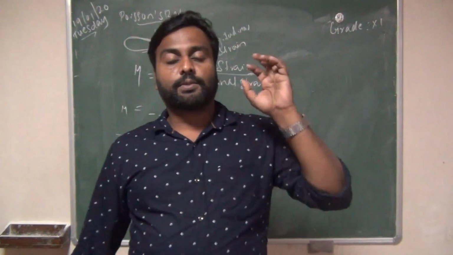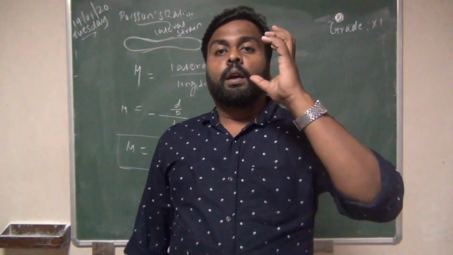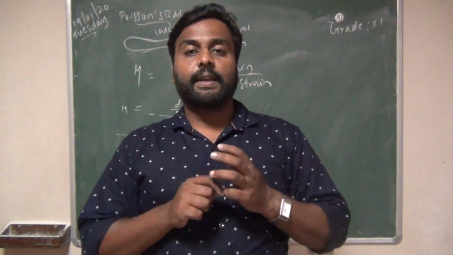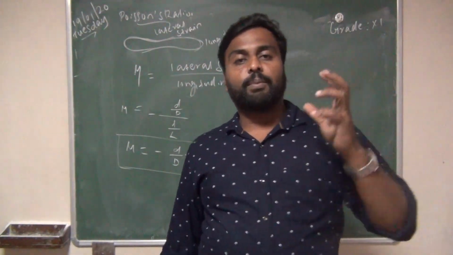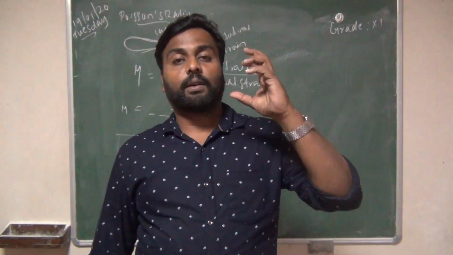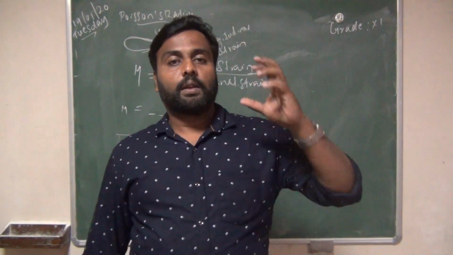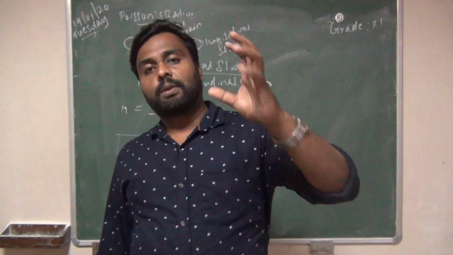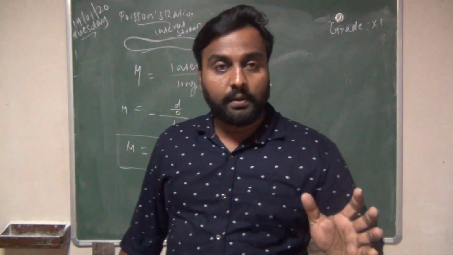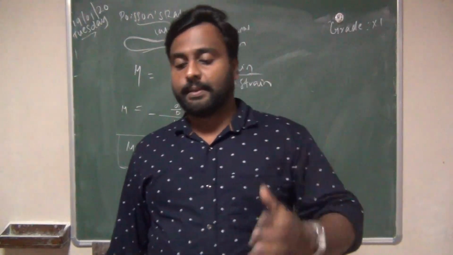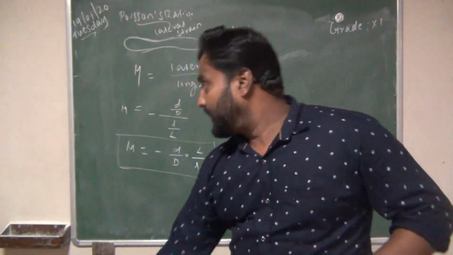Again remember that small d means the diameter after stretching, and capital D means the original diameter of the wire. Capital L is the original length, and small l is the length after stretching.